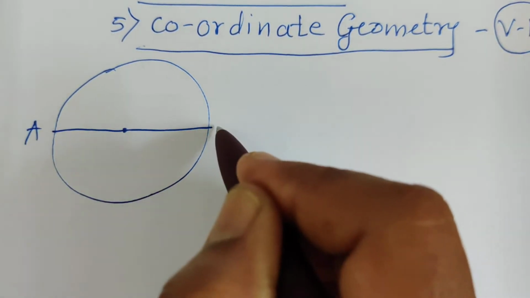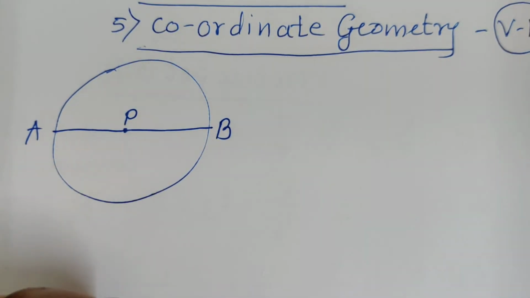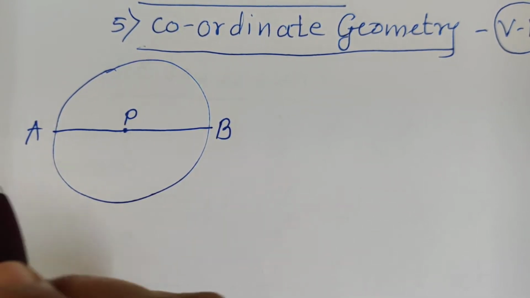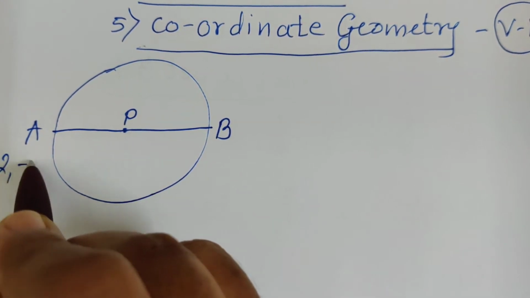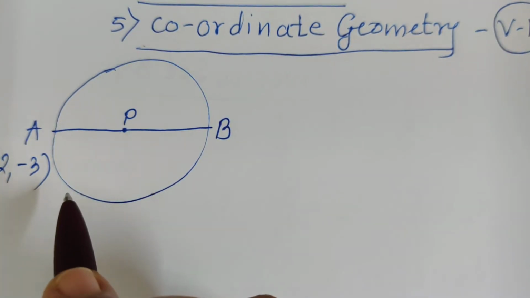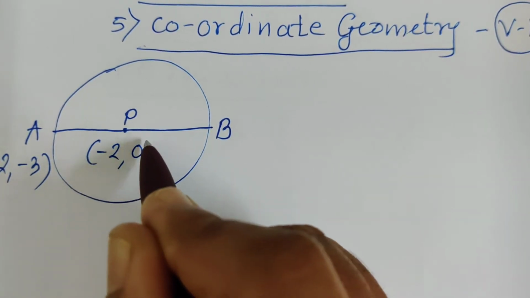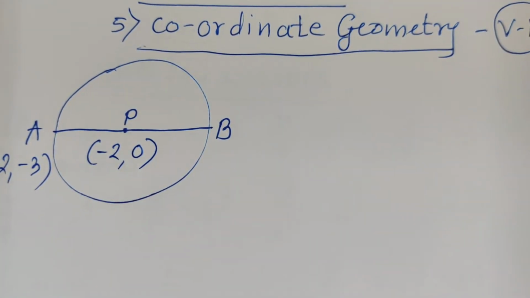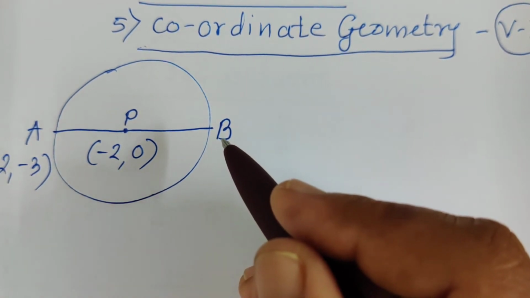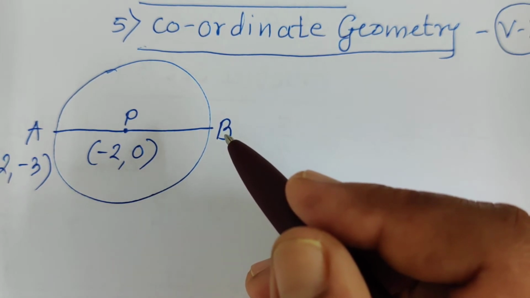The coordinates of A and P are given. A's coordinates are 2 and -3. P's coordinates are given as -2 and 0, and we are asked to find the coordinates of B.